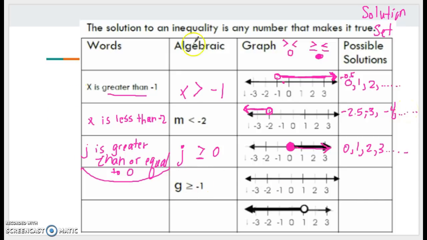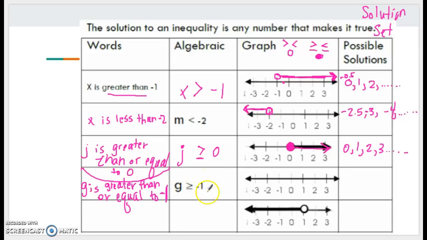Now this one, they give us the algebraic description, but not the other three. So this symbol is the same as this symbol, so it's greater than or equal to. So G is, I have to write tiny since I took up all my space, greater than or equal to -1.